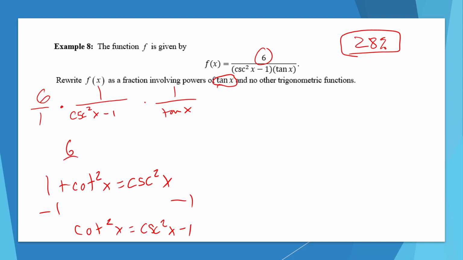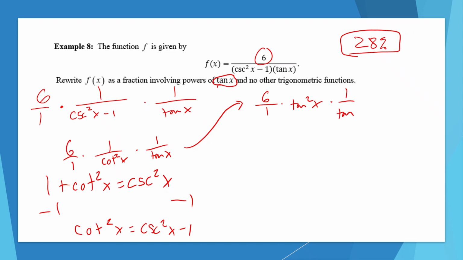So this should be 6 over 1 times 1 over cotangent squared x times 1 over tan x. Here, if you want, you can cancel out a cotangent and a tangent. However, we could just also keep it simple.